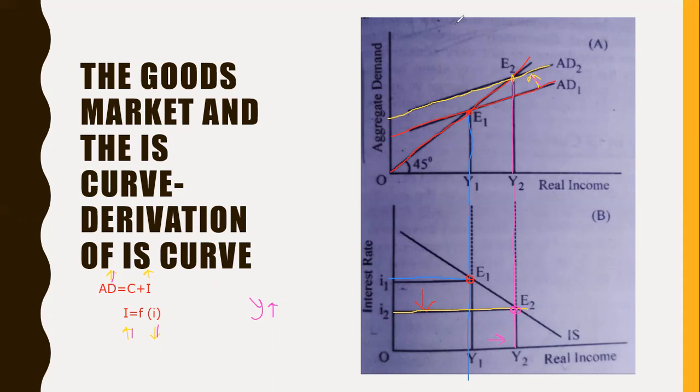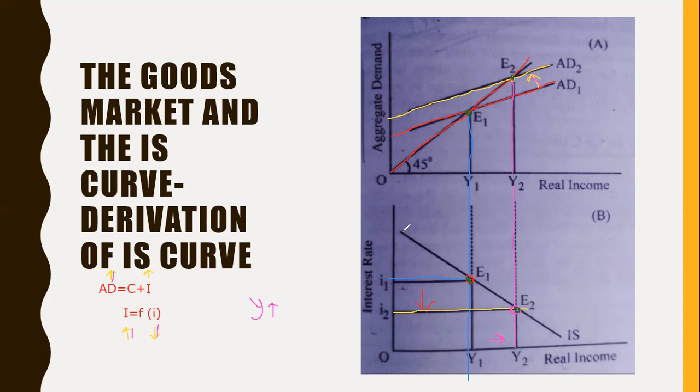Now you will see, we have arrived at 2 points in the lower panel. E1 in the lower panel corresponds to E1 of the upper panel. E2 of the lower panel corresponds to E2 of the upper panel. That means they correspond to equilibrium points of the goods market.